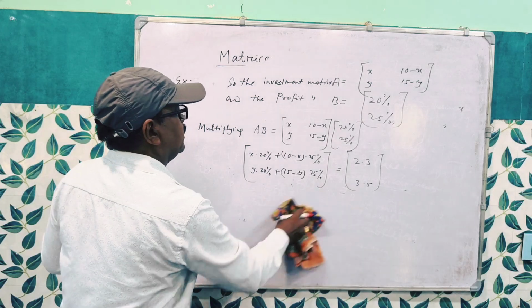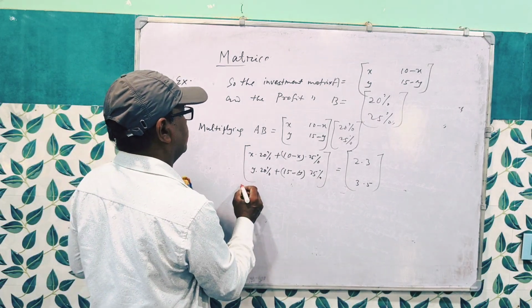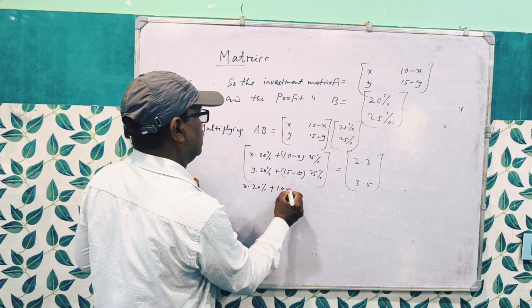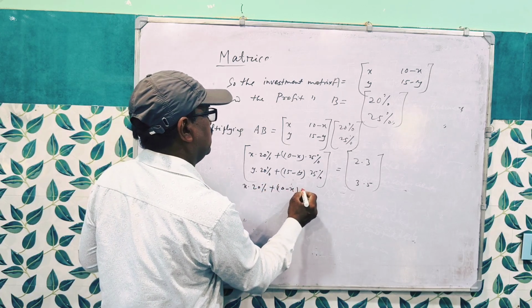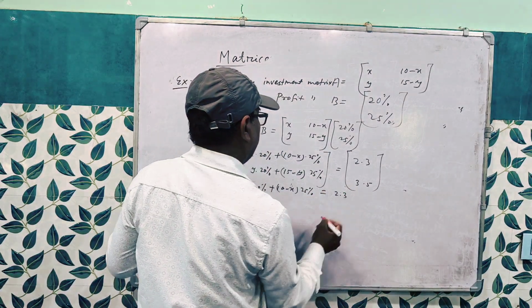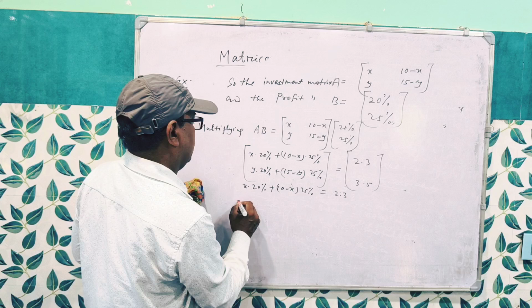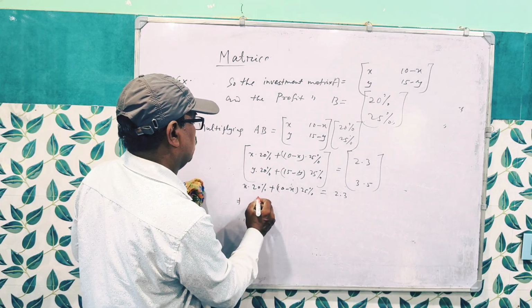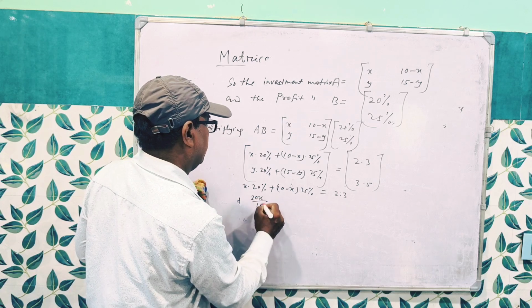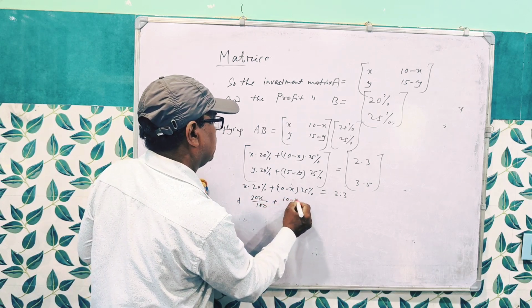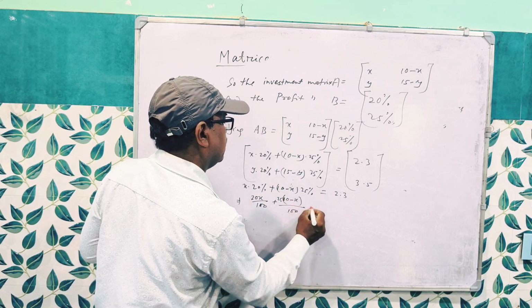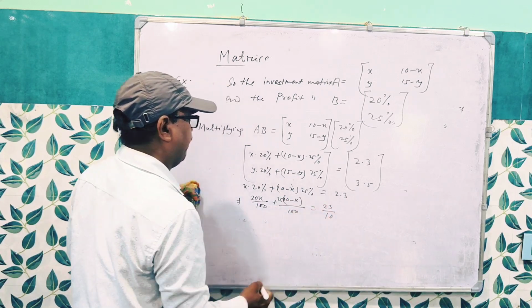So by solving, we have X into 20% plus 10 minus X into 25% is equal to 2.3. This gives 20X by 100 plus 25 into 10 minus X by 100 is equal to 23 by 10.